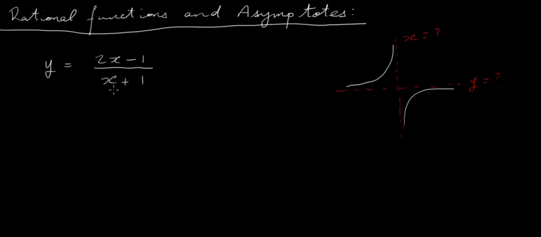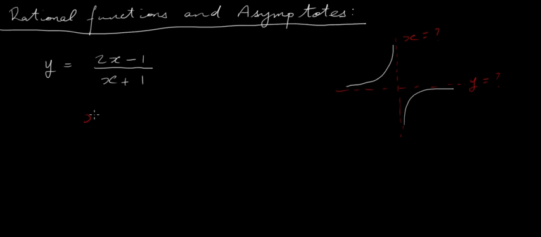What value of x can we put in that won't satisfy this particular function? Well, we know that this is a fraction, the numerator divided by the denominator, and if the denominator was 0, then this wouldn't make any sense at all. You try dividing by 0 on your calculator and you'll get an error. So we know that the denominator here, x plus 1, cannot be 0.